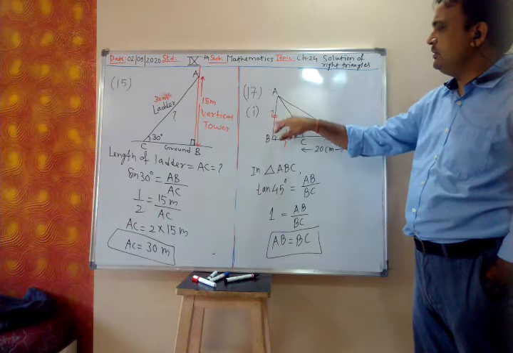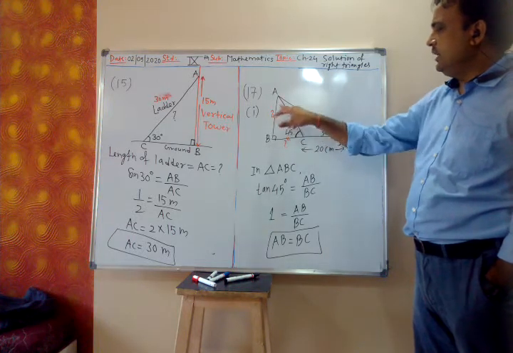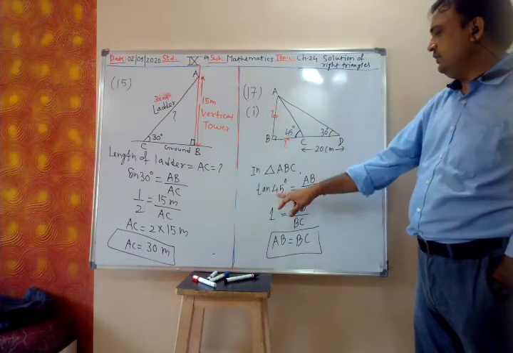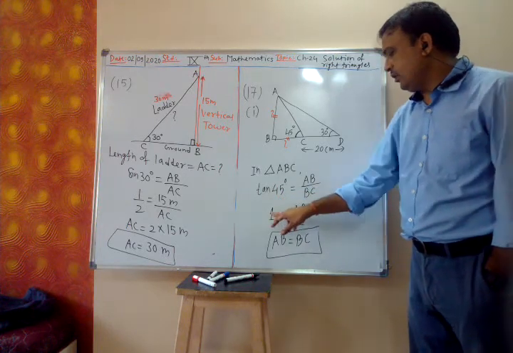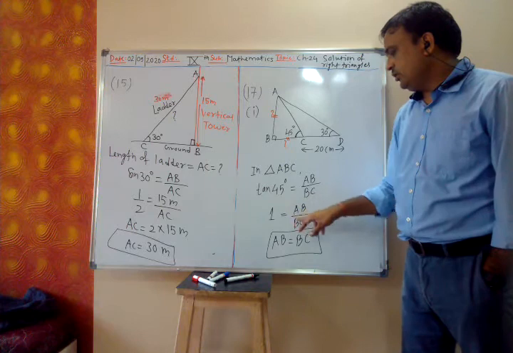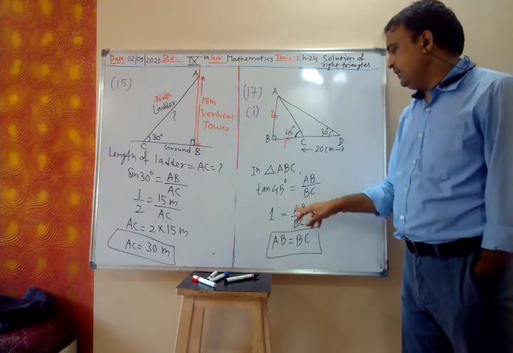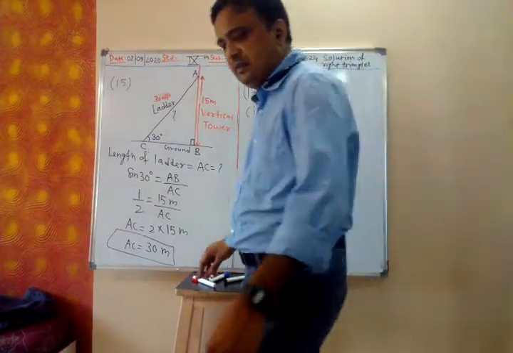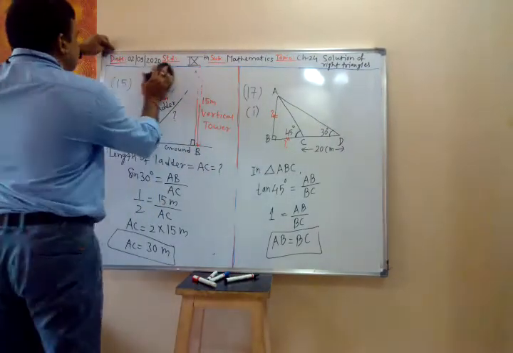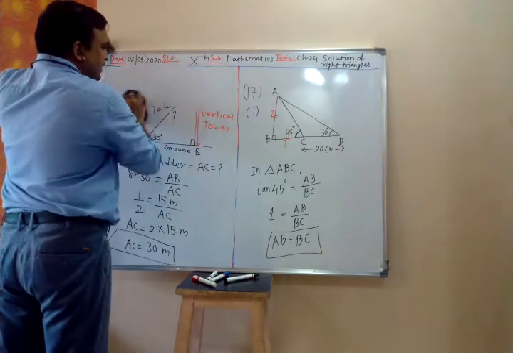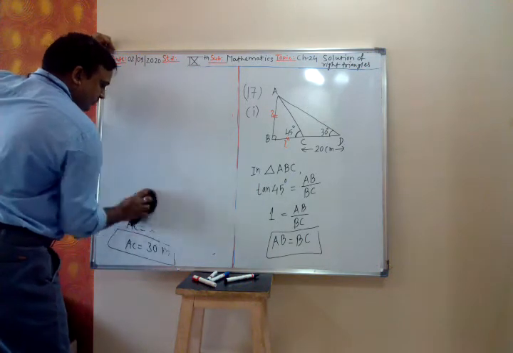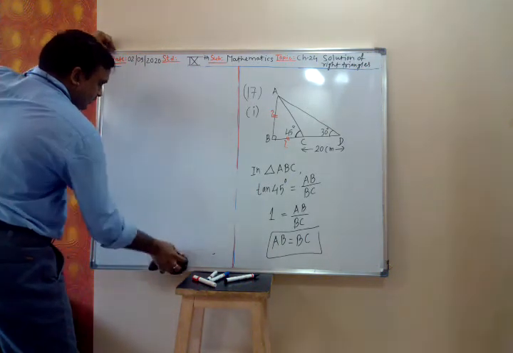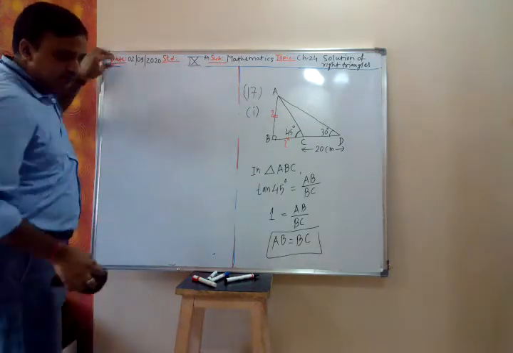Tan 45 is opposite upon adjacent, so AB upon BC is tan 45. Tan 45 is 1, so 1 is equal to AB upon BC. Now cross multiply. BC will go up. So AB is equal to BC.